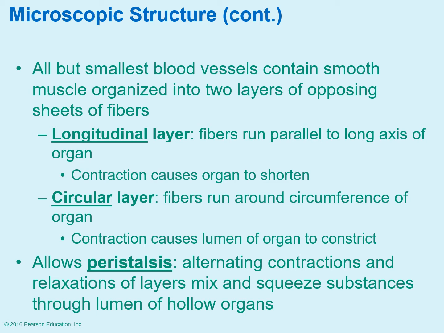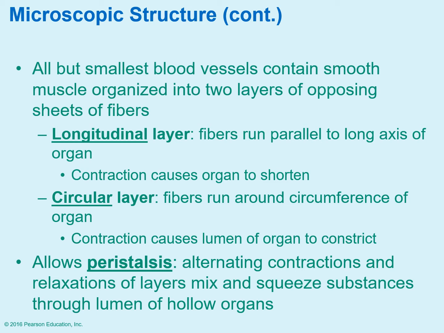When they contract, the particular organ that you're looking at is going to shorten. Then there's also a layer that's called the circular layer. And as the name implies, the fibers run around the circumference of the organ. Because remember, in the middle it's hollow, and that's what we call the lumen. The lumen is that hollow area. And so the circular layer causes that opening to constrict.